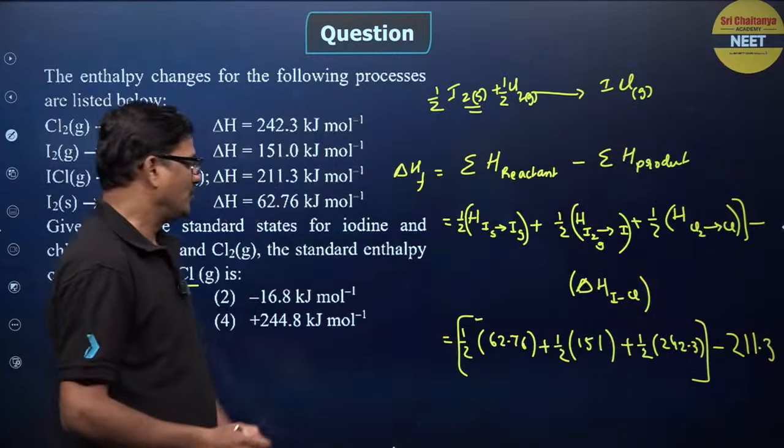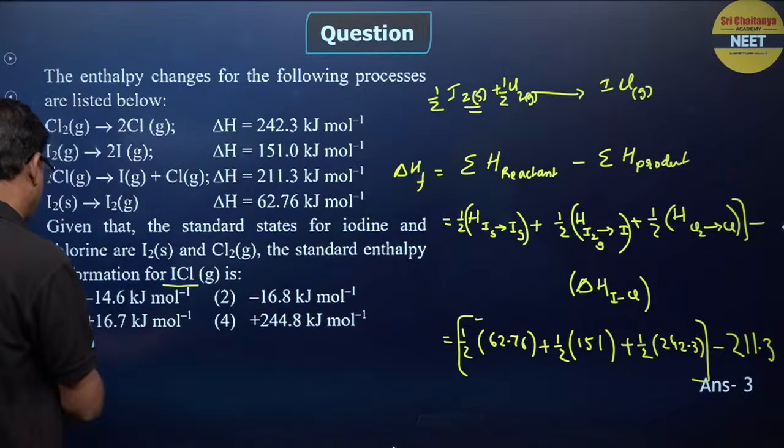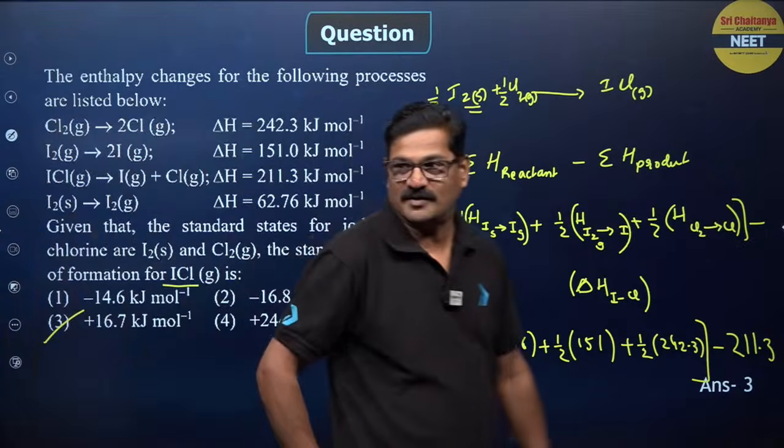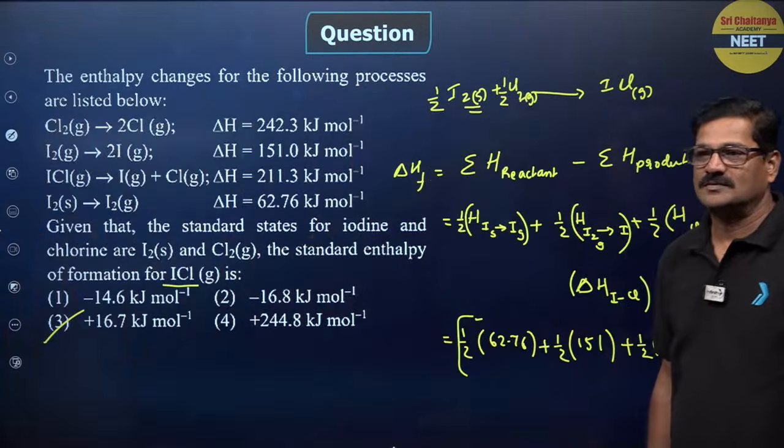On doing so, you are going to get option 3, plus 16.7 will come. Are you getting it or not? Any doubt, bacho?